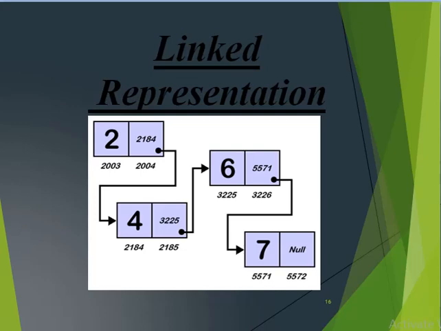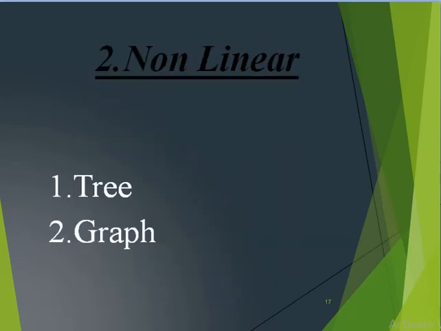See, 2 carries the address of the next location, that is 2184, pointing towards where the next node is located. That link goes to the next node, 4. Then 4 carries the address of its next location, that is 3225, which belongs to the value 6, and so on. This way of representing data is called a linked list.